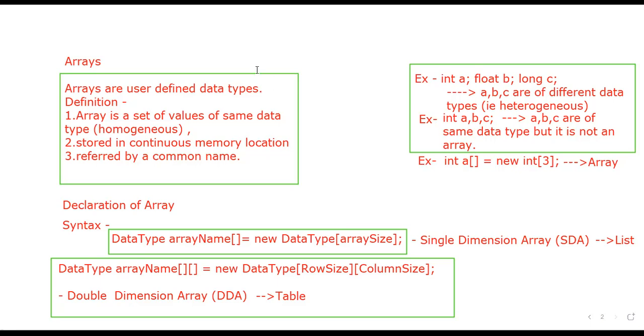Now suppose my data type is float and array name is marks.